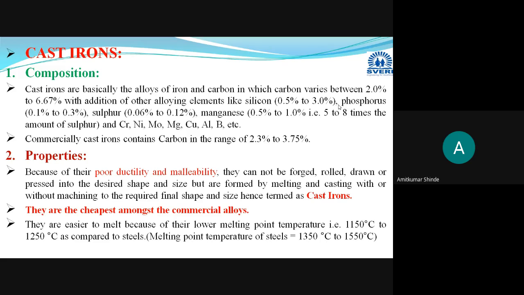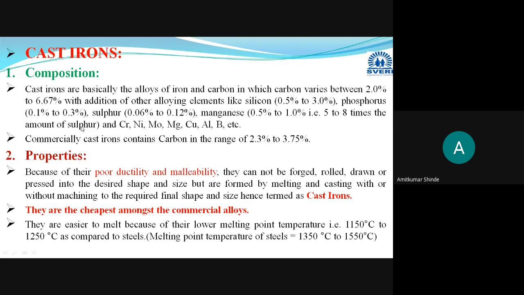Then the amount of phosphorus will be 0.1 to 0.3%. The amount of sulfur will be 0.06 to 0.12%. Manganese will be 0.5 to 1%. Generally, the amount of manganese will be decided by considering the amount of sulfur only. Generally, the manganese amount will be 5 to 8 times that of the sulfur.